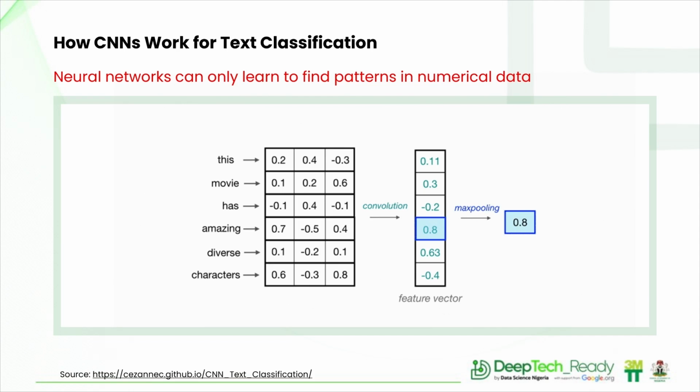This process is what we call word encoding, basically transforming words into numerical values that the model can interpret. These encodings ensure that the network can learn patterns as well as relationships between words based on their numerical representation.